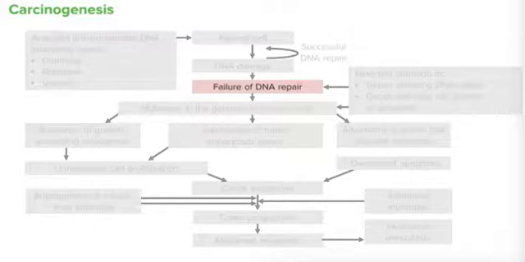You will notice here on the flowchart thus far, we walked through our box on the left, in which we talked about chemicals, viruses, and radiation. When a normal cell has been exposed, it increases the risk of carcinogens.